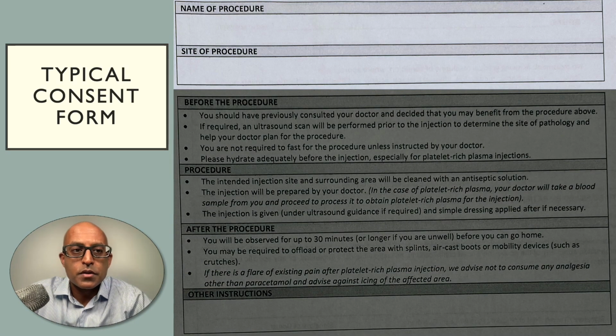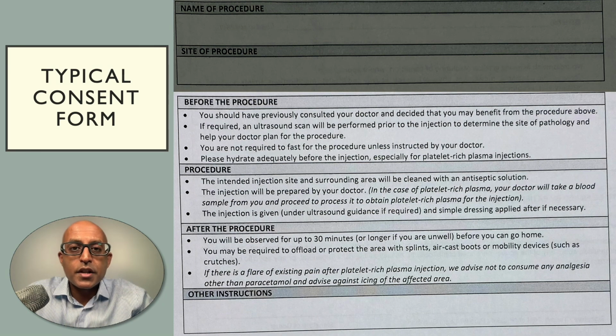So first and foremost is the name of the procedure and the site of the procedure. It's very important so that the patient is clear of what you're going to be doing, why you're going to be doing it, and it also acts as an aide memoire for you as the clinician prior to undertaking the procedure.